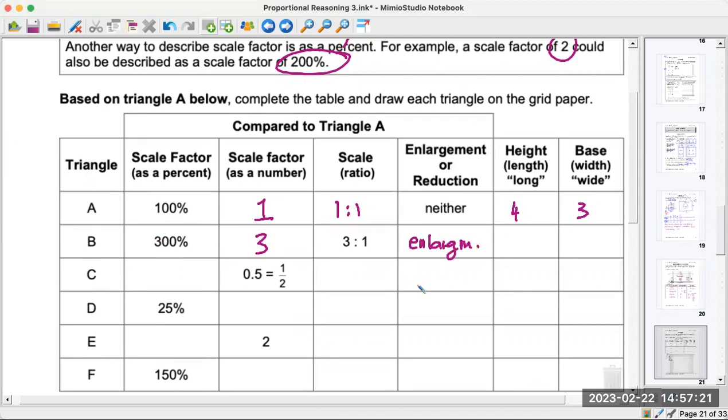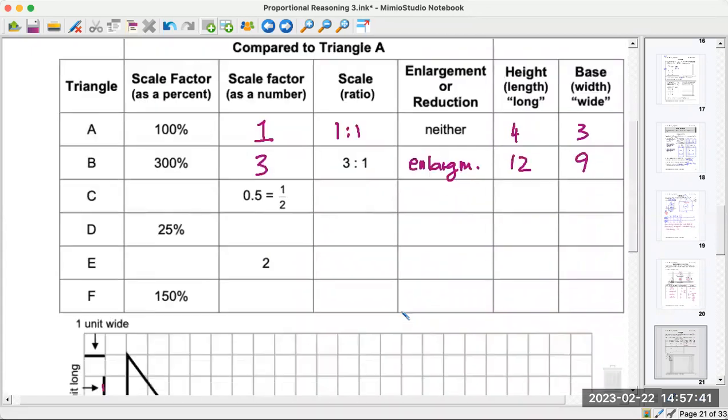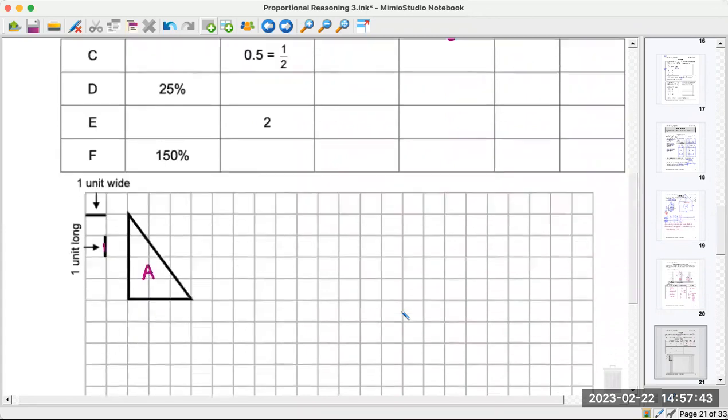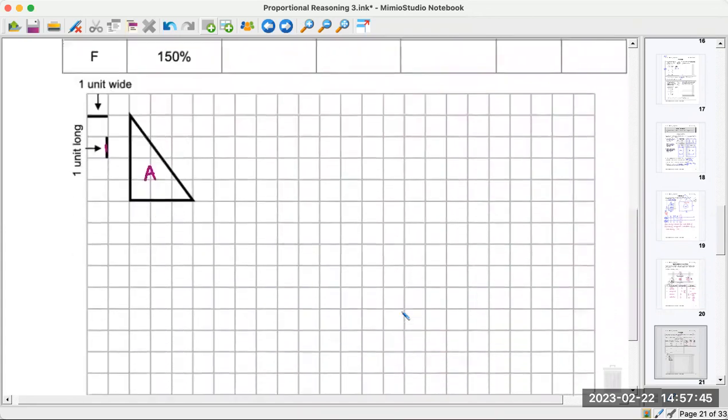If we have 3 times as big, we're going to multiply 4 times 3, which is 12. I'm just showing you the mathematics behind this. So it's 3 times as big, which is 12. 3 times as big as that is 9. You're multiplying it by 3. So let's draw it. 12 height, 9 the base.